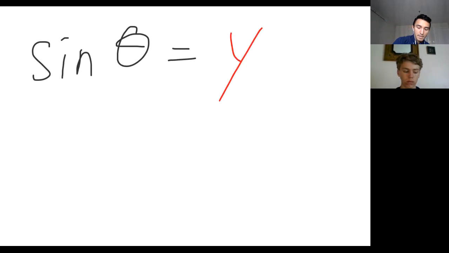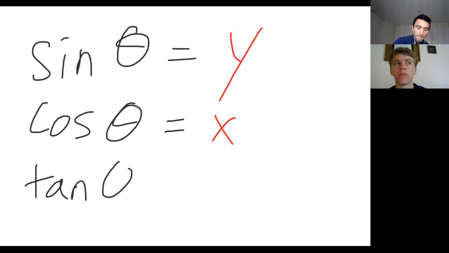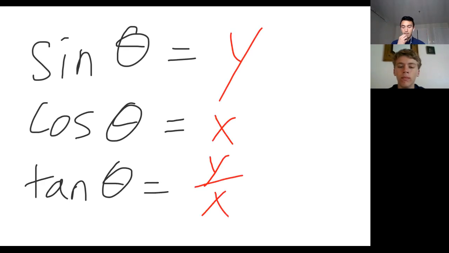If I take the cosine of anything, it's always going to equal the x value. And if I take the tangent of anything, it's always going to equal y over x, which I was kind of saying last week, but the unit circle really proves that.